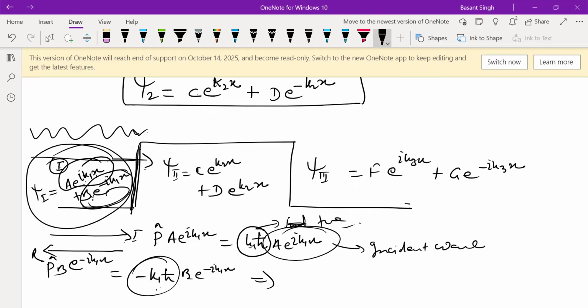Now, in the second region, the functions are decaying, but the region lies from 0 to L. At any point the value is not infinite, so both functions lie here. If any one function goes to infinity, then we have to select only the finite one.